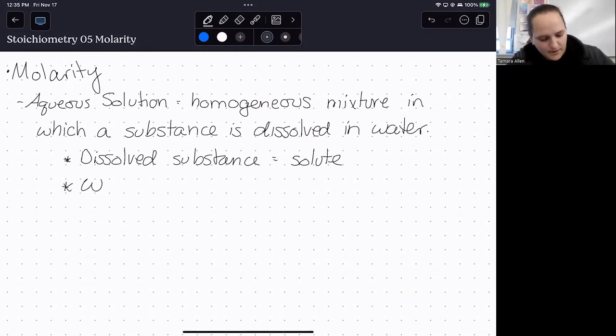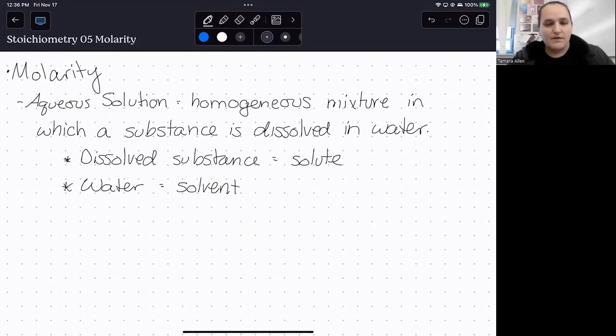And water is what we call the solvent, is what that substance is dissolved in. So the solute dissolves in the solvent. There are other types of solutions that have different solvents. By far the most common one that we're going to encounter is the aqueous solution, which just means that water is our solvent, that something is dissolved in water.